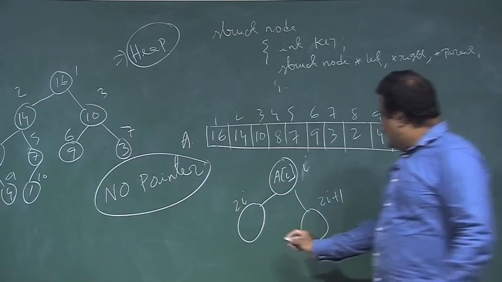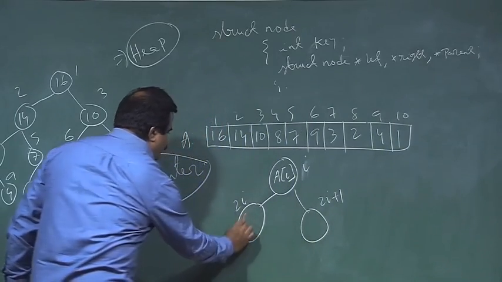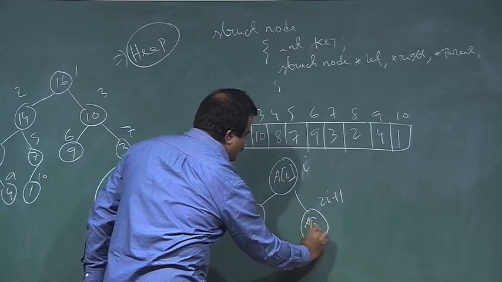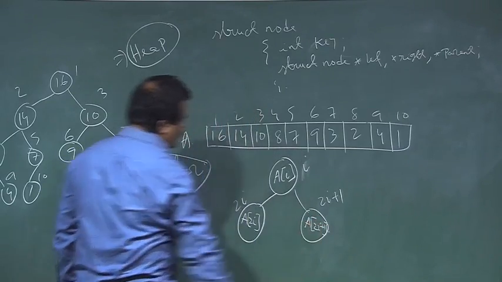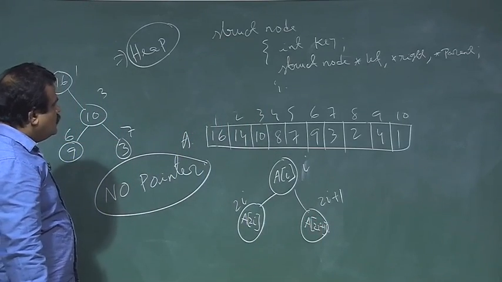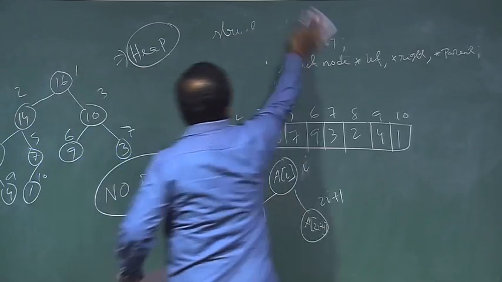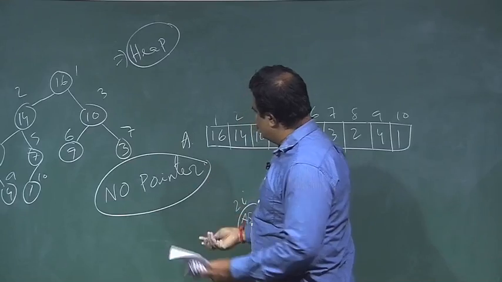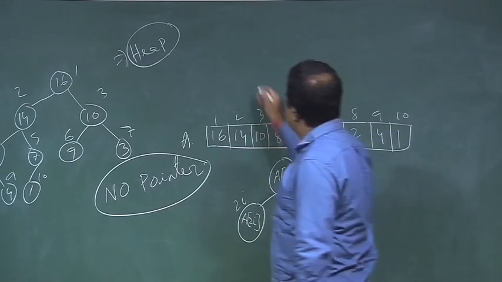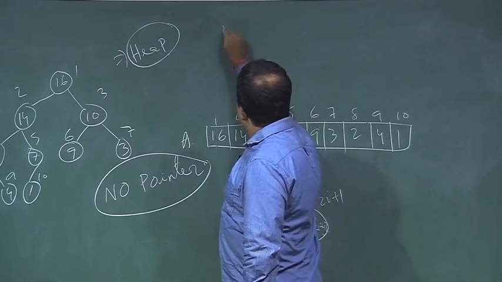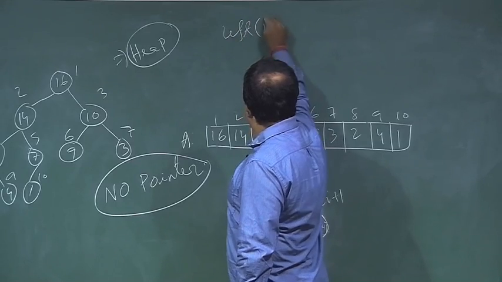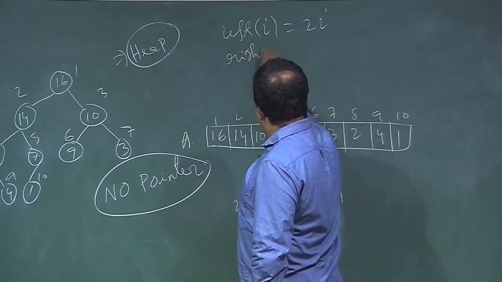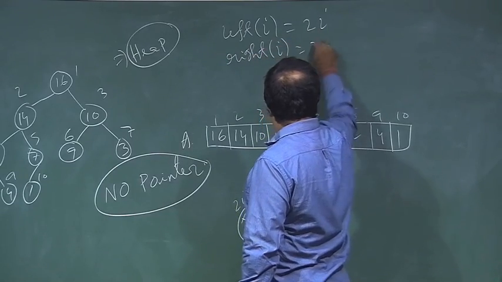So this is A 2I and A 2I plus 1. Okay. This is the formula we use for visualizing the tree. So no pointer is required. We know where the children are. Basically, left of I is 2I and right of I is 2I plus 1.